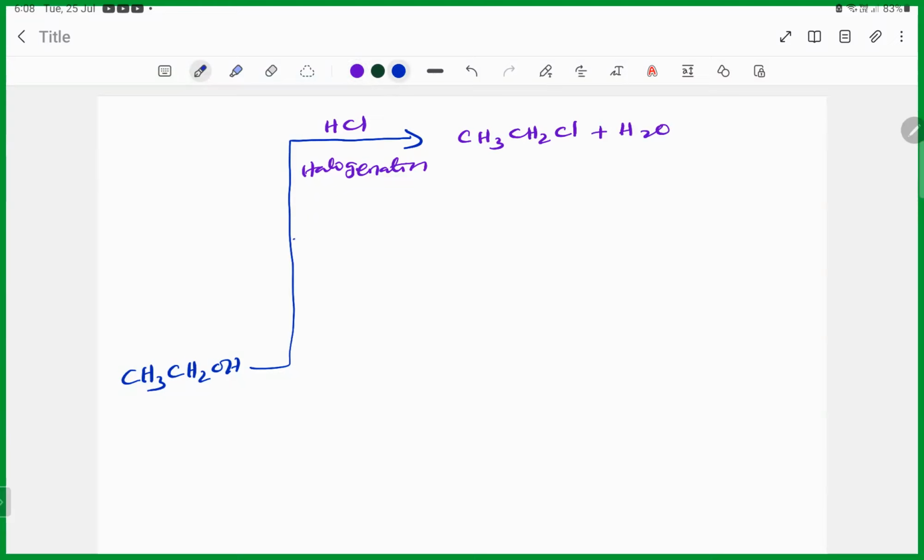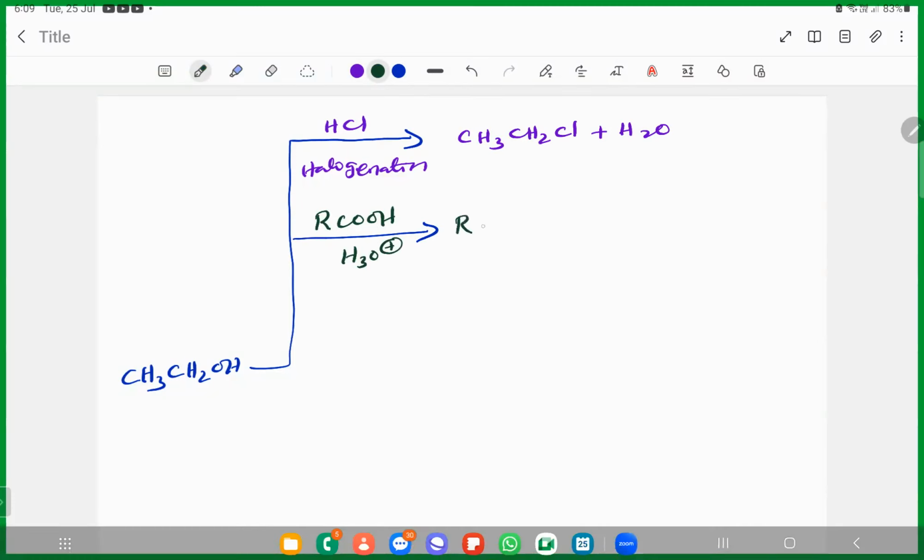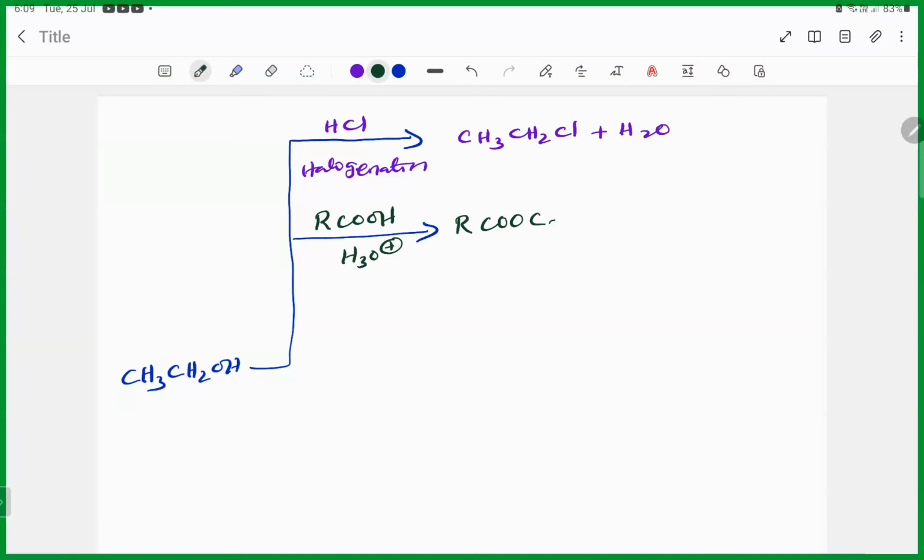In the second case, when treated with acid, in the presence of an acid catalyst, it will give an ester, CH3COOC2H5, plus water. The first product is ethyl chloride.